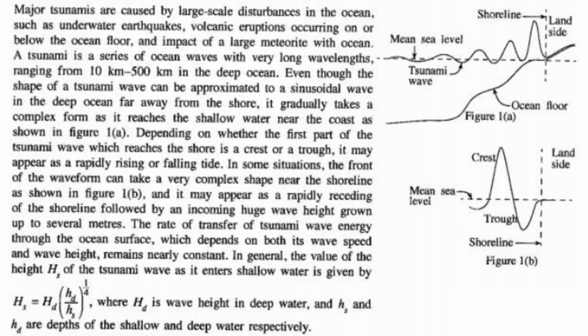Major tsunamis are caused by large scale disturbances in the ocean, such as underwater earthquakes, volcanic eruptions occurring below the ocean floor, and impact of a large meteorite with the ocean.